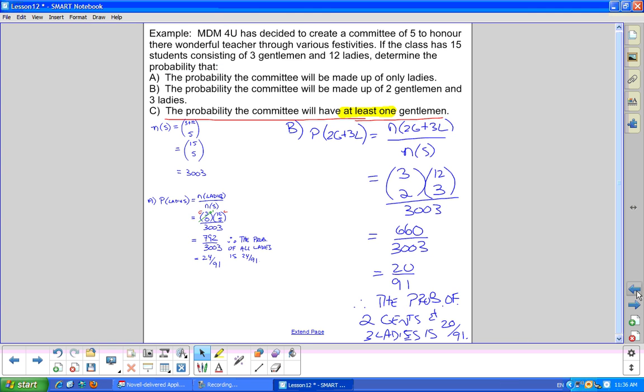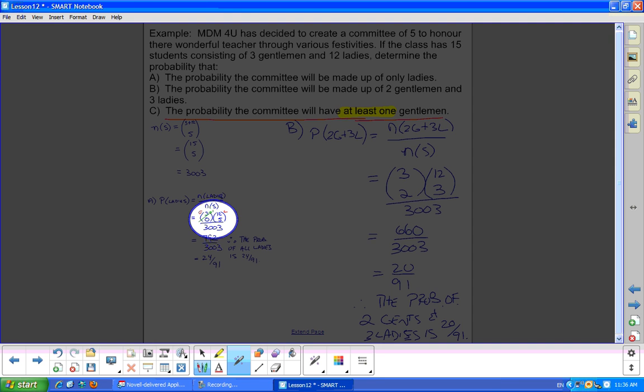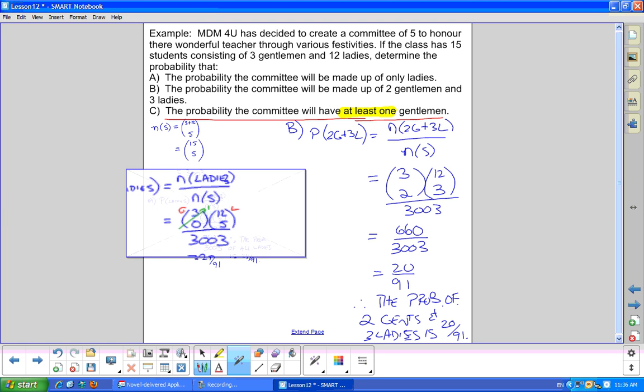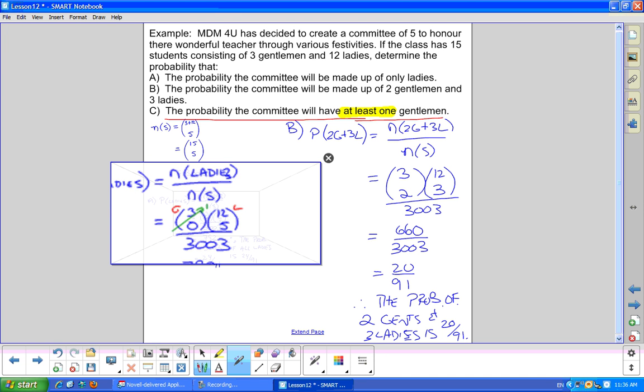So remember, when you do this process here, just one last note, this process is for exactly that situation happening. Okay, so in this question A, it was exactly all ladies. So that's why this method only will calculate exactly that many.